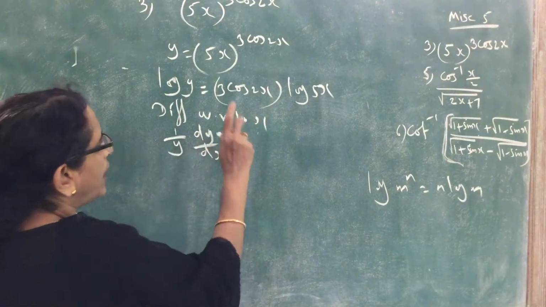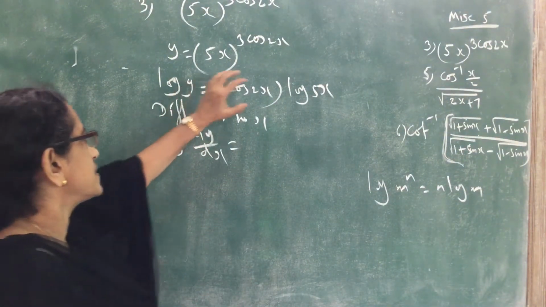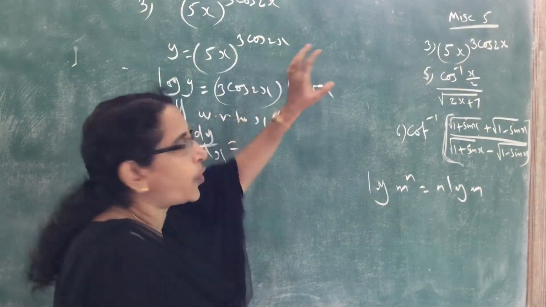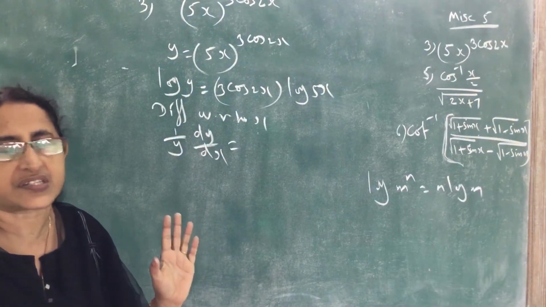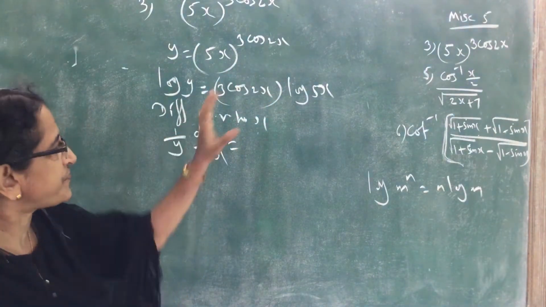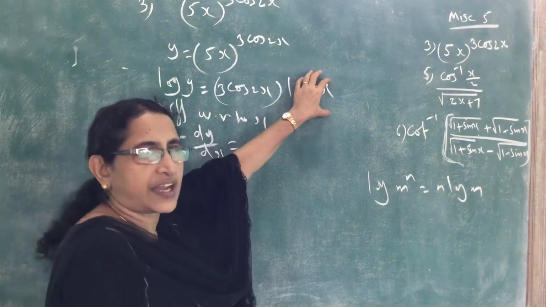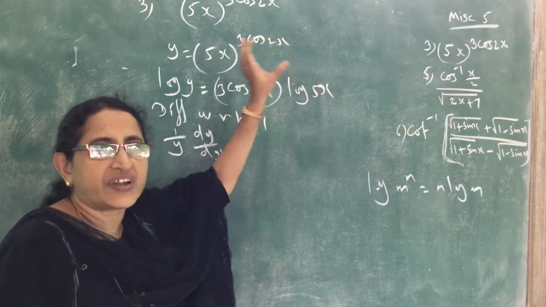Now equal to, how to differentiate the right side? It is a product of two functions: 3 cos 2x into log 5x. Log 5x is one function, 3 cos 2x is also one function. So apply the product rule: first function into derivative of second plus second function into derivative of first.